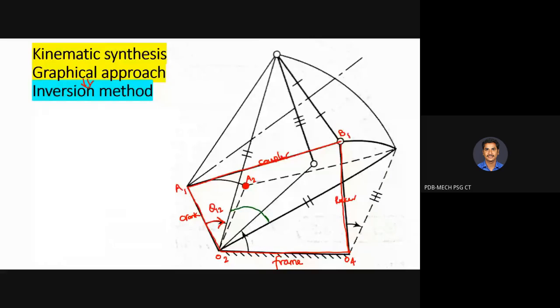The crank is rotated from position 1 to position 2, so it is 30 degrees or 40 degrees, whatever it may be. Theta 1, 2 indicates the crank angle rotation from position 1 to position 2, so that the end point of the crank, A1, reaches the point A2.